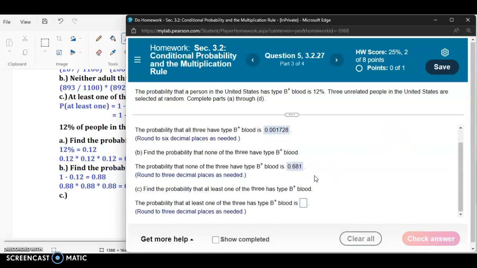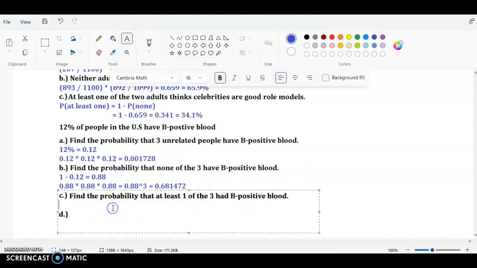Okay, so you may know where this is going. In part C, it's asking us to find the probability that at least one of the three has B positive blood. Okay, so we've done this before. So probability of at least one. If you think about that, what does at least one mean? At least one means one or more.